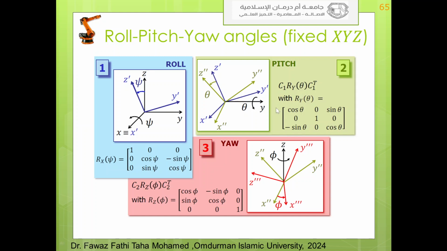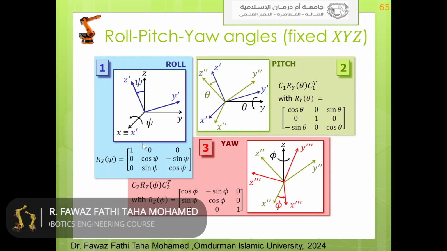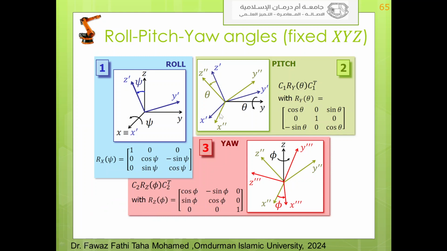For example, here we will use the principle of post-multiplication. Okay, in order to use the principle of post-multiplication, firstly I have to rotate with this C1.